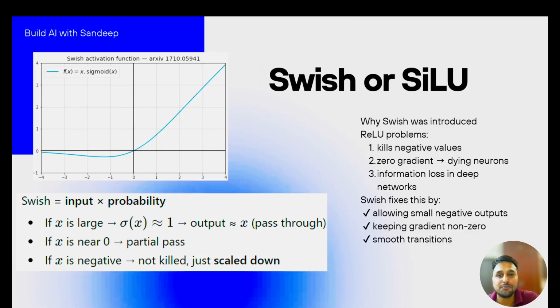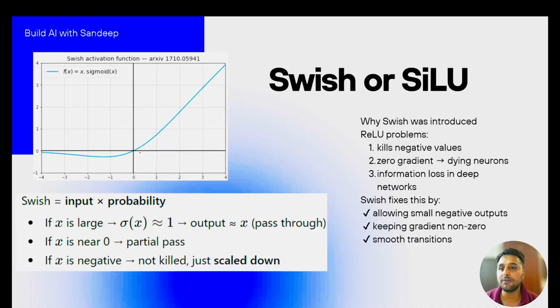And now let's move to our final activation function that we are discussing today, that is Swish or SiLU. It also came around 2018 and it also solves the problem of ReLU giving zero gradient for negative values, dying neurons, and information loss in deep networks. Swish also fixes this by allowing small negative outputs, keeping the gradient non-zero, with smooth transitions.